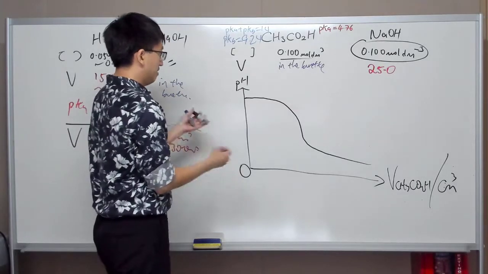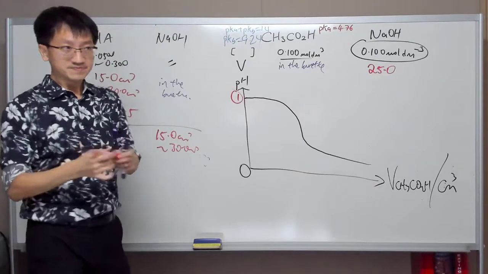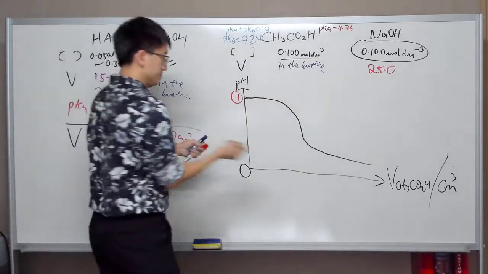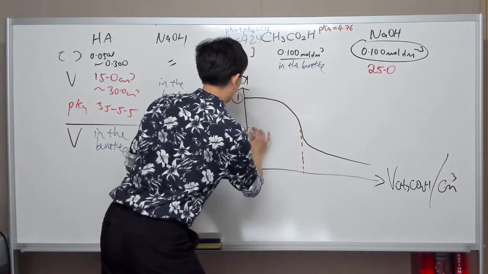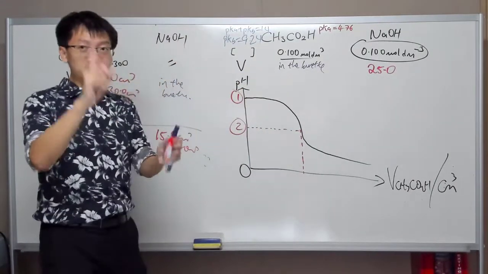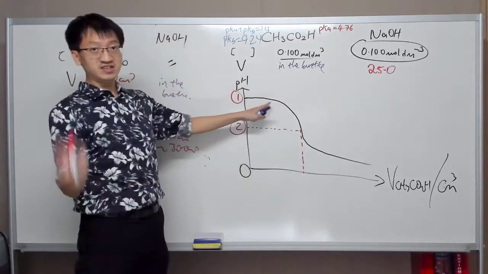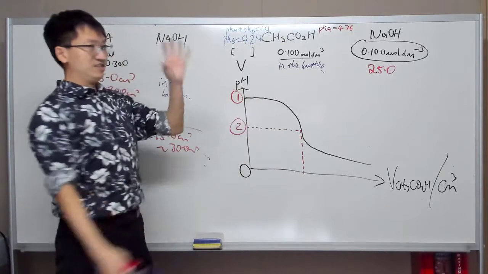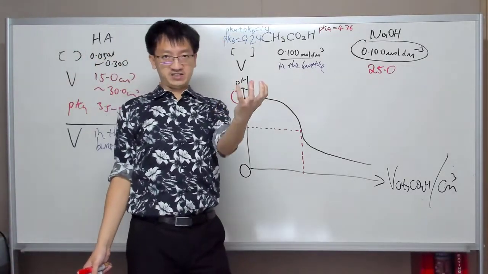Now the first thing is, of course, you need to know the initial pH, which you can do quite easily. You need to know the pH at the equivalence point. So that's number 2. Now, a common misconception: students think that this is the half equivalence point. Remember, the sodium hydroxide is in the conical flask.